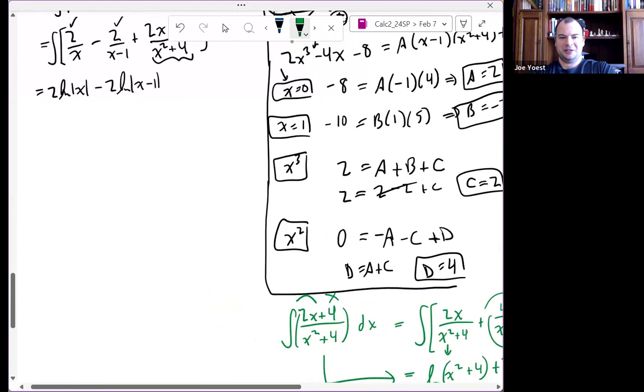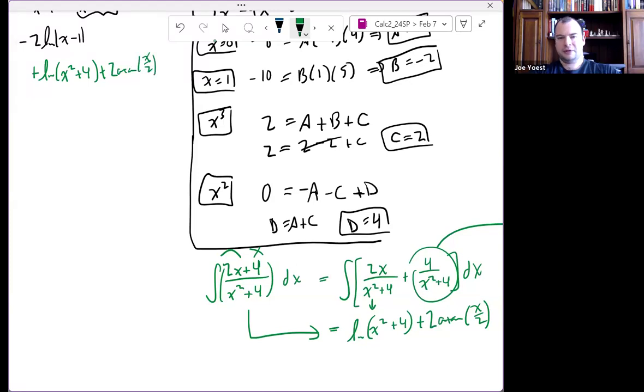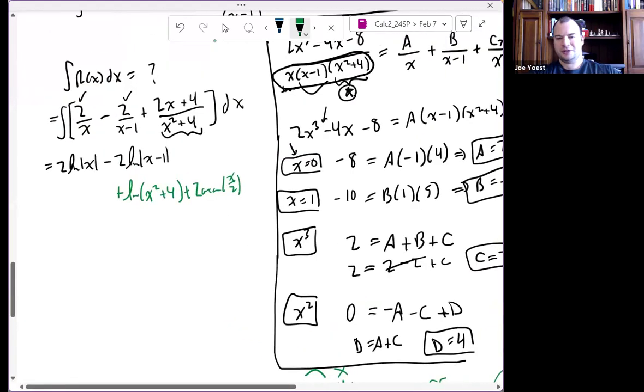Almost completely disappeared. So I'll just append these bits onto the answer up there. And then, as always, we'll toss a plus c on at the end.